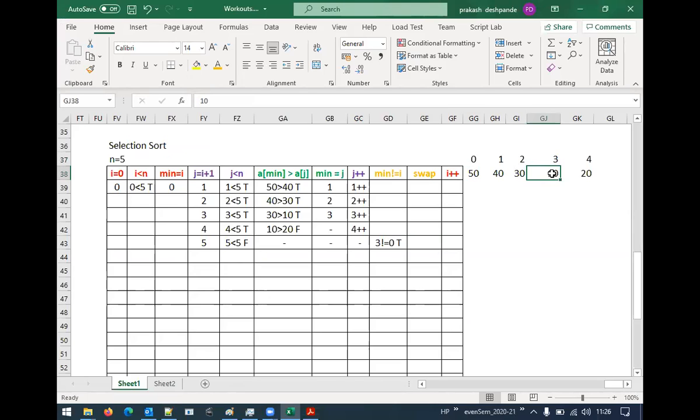Yes or no? Now, after this, I get 10 here and 50 here. And all the other remaining index values remain the same. Understood? Yes?